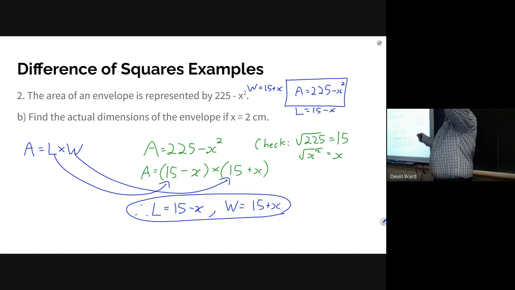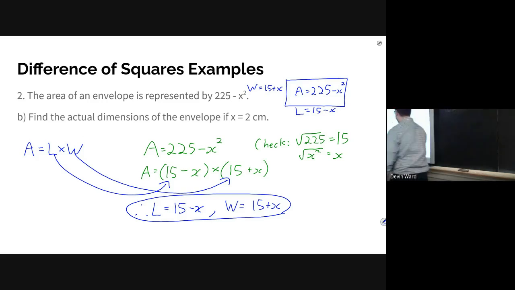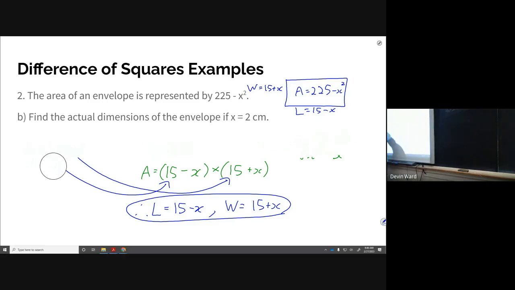Okay, so now I want to find the actual dimensions if x equals 2 centimeters. When I say actual dimensions, I mean I want a number.